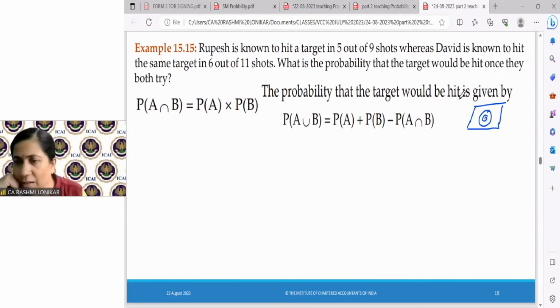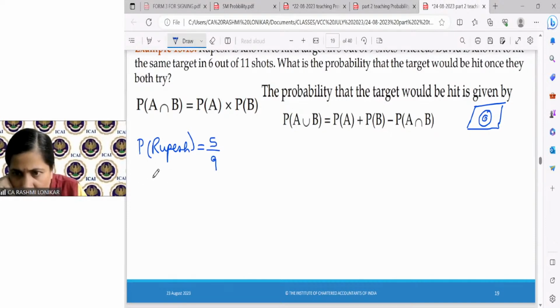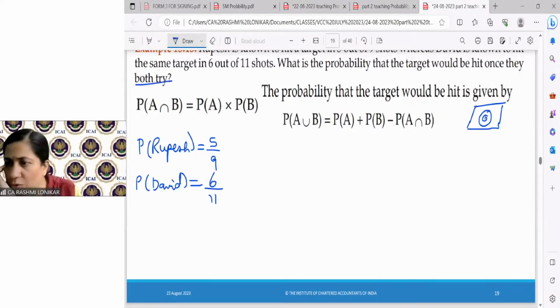So here they are saying that when Rupesh is practicing, Rupesh is hitting 5 out of 9. So the probability of Rupesh hitting the target is 5 by 9. Probability of David hitting is 6 by 11. What is the probability that the target would be hit once both try?